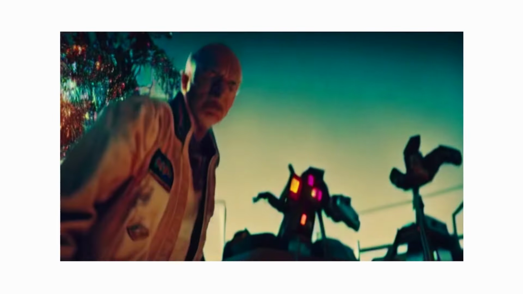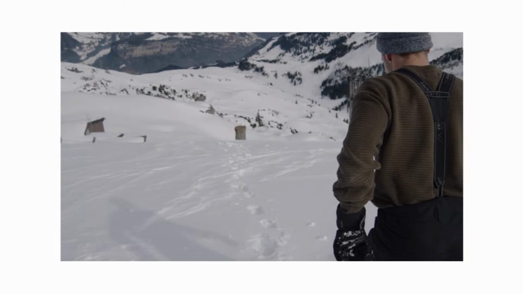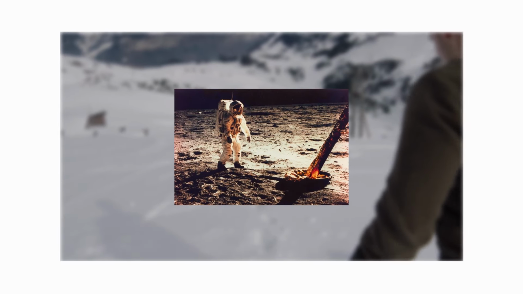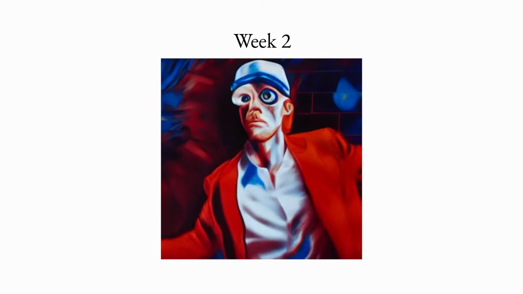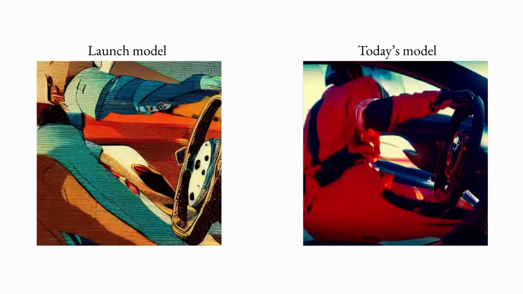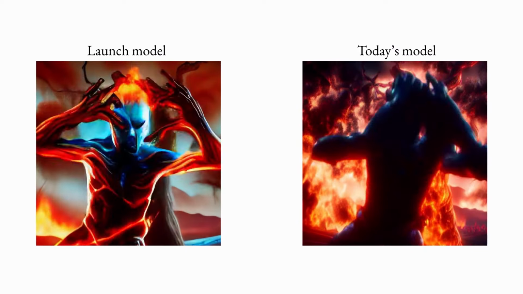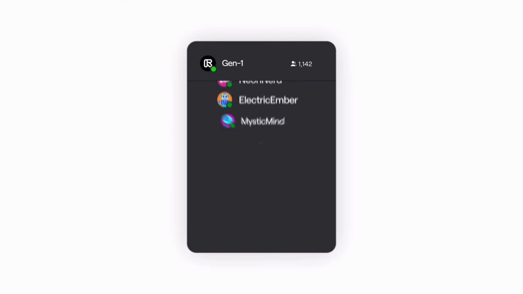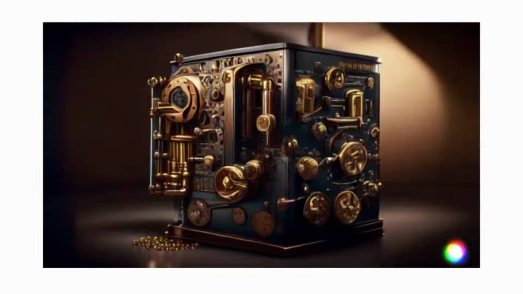Not too long ago, Runway pushed the boundaries of generative AI with Gen 1, a video-to-video model that allows you to use words and images to generate new videos out of existing ones. In the weeks since launching, the model has constantly gotten better. Better temporal consistency, better fidelity, better results. And as more and more people gained access, we unlocked entirely new use cases and displays of creativity.